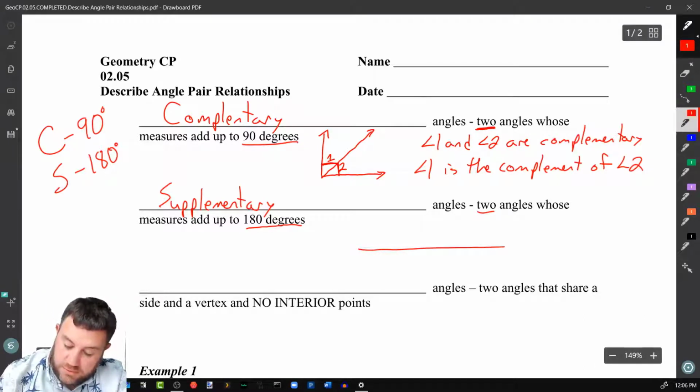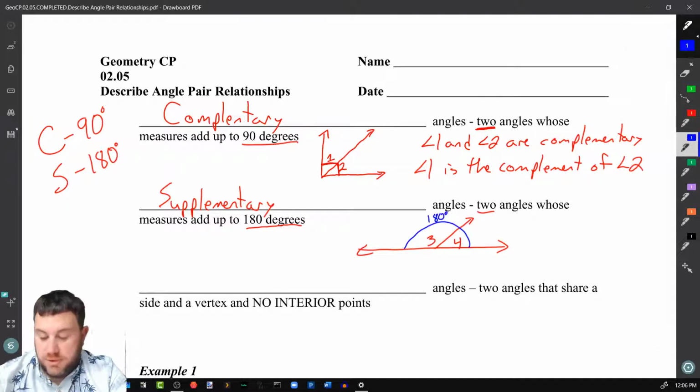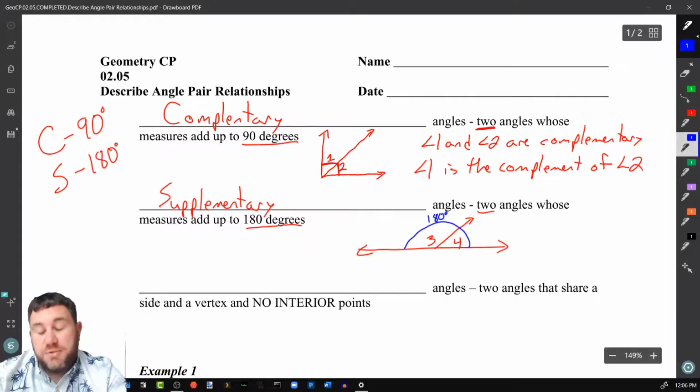And so if we had this set up, we'll call these 3 and 4. We know that this whole thing is 180 degrees because that's a straight angle. That is one of the things you're allowed to assume in a picture, that if it looks like a line, it's a line.